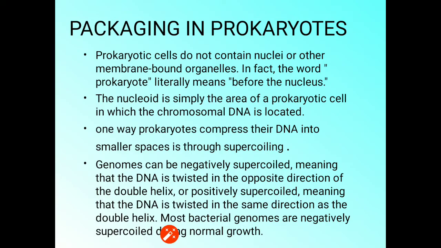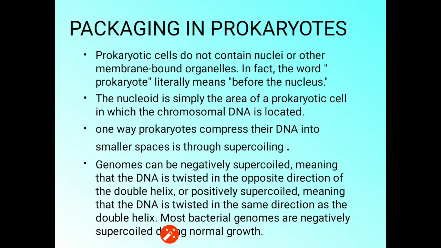Prokaryotic cells do not contain nuclei and other membrane-bound organelles. In fact, the word prokaryote literally means before the nucleus. The nucleoid is simply the area of the prokaryotic cell in which the chromosomal DNA is located.